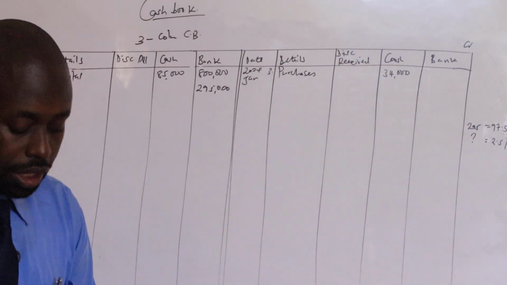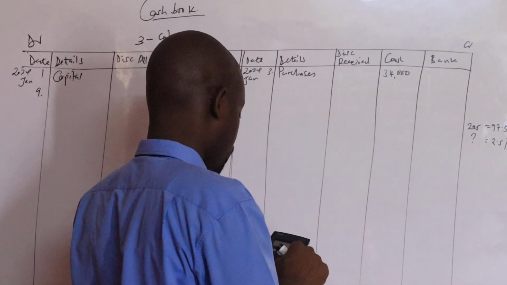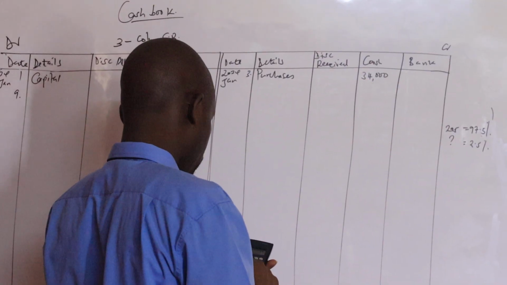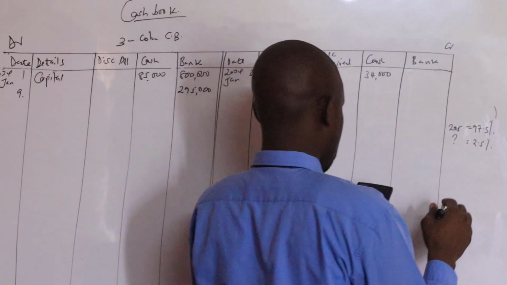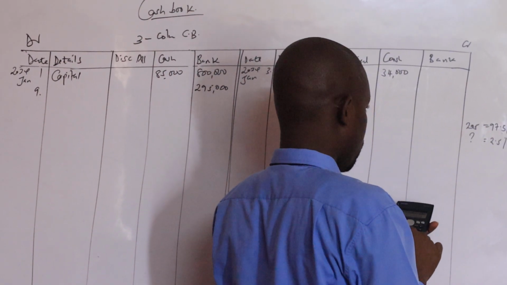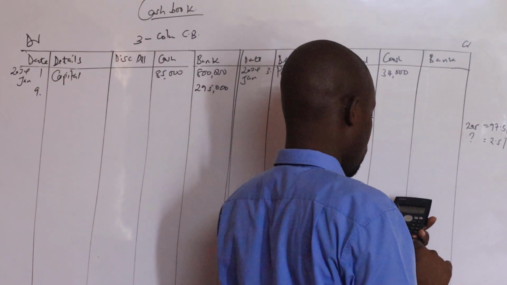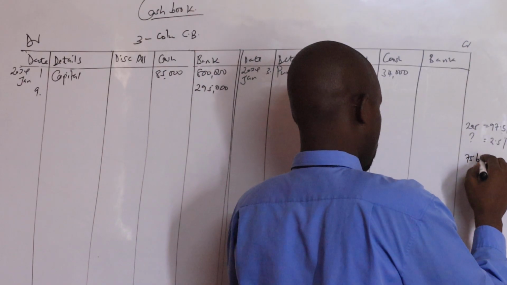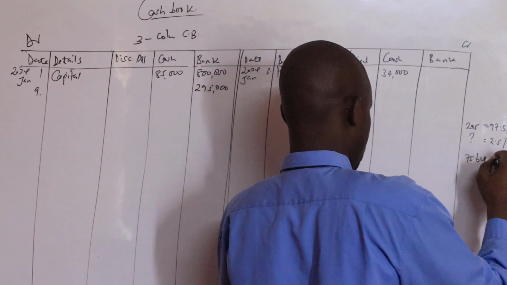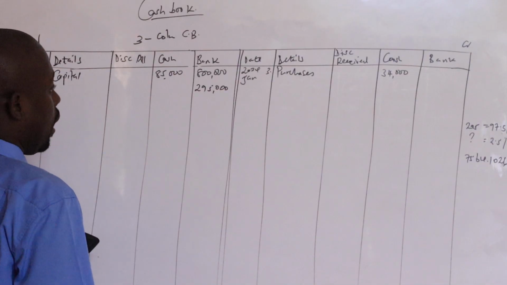We take 2.5 multiplied by 295, divided by 97.5, and you get 7564.1026. That's 295 by 2.5, divided by 97.5, by 1,000. So record under discount 7564.1026.